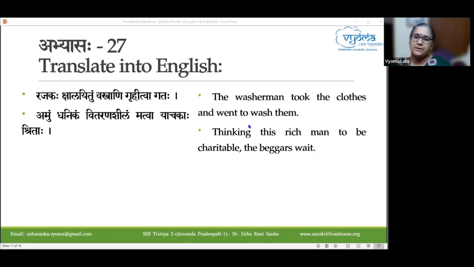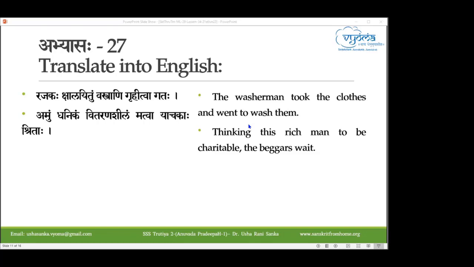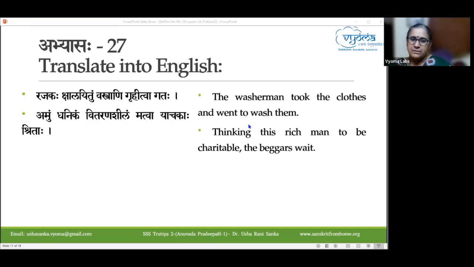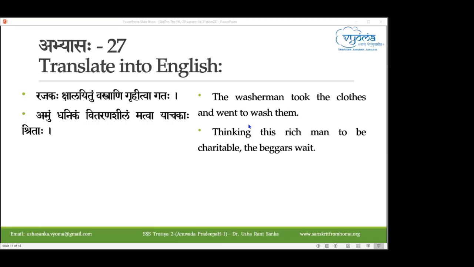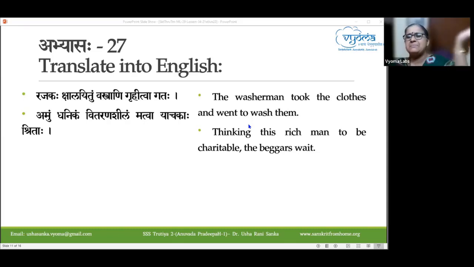Ma'am, how will you change the sentence in the Sanskrit, like anvaya? Dhanikam itarashilam matva yachakah shritah. Or we can put it any other way, madam. Or it is correct; we can take the subject before, that's all. Yachakah we put in the beginning. Not much change is required. It's okay. Dhanyavad.